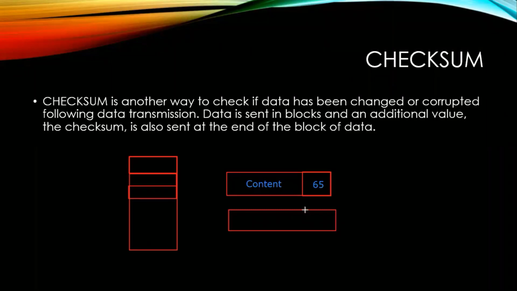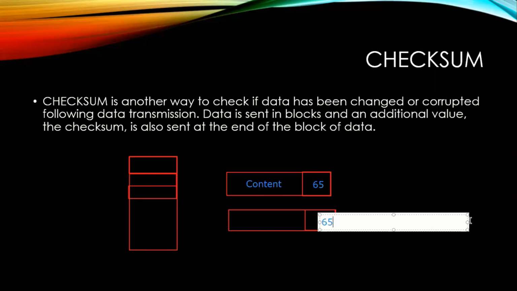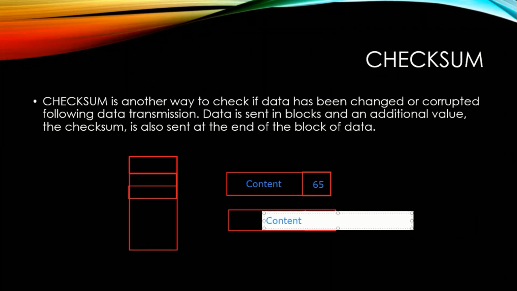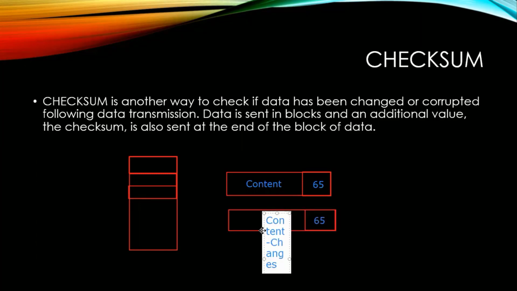Okay. Now on the receiving end, obviously, we're going to recompute a checksum value from the content at the receiving end side. In case it has been manipulated or changed, it will not have the same checksum value.